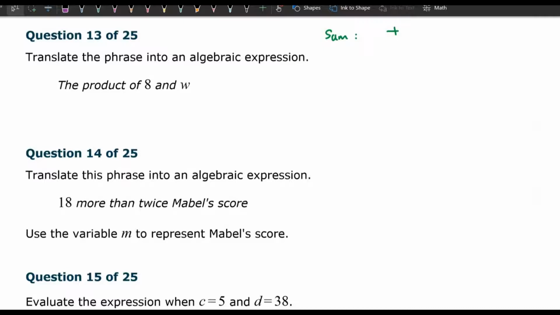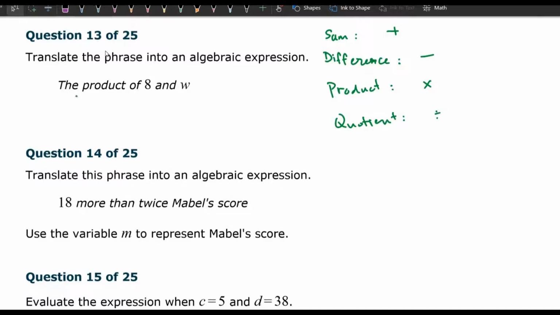Difference is minus, as are less, less than, and take away. Product is multiplication, and the opposite of that is quotient, which is divide.